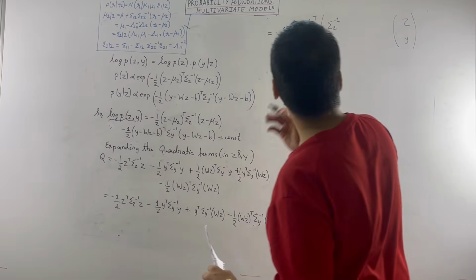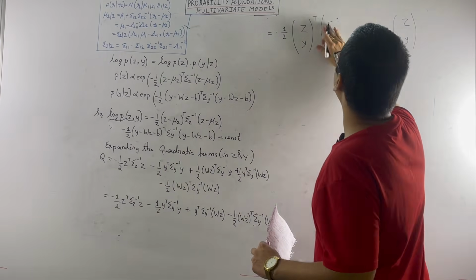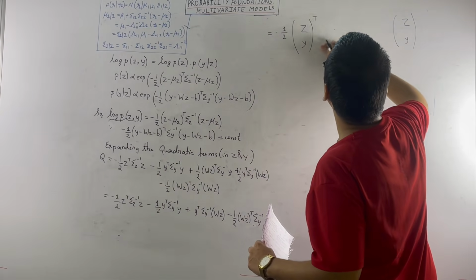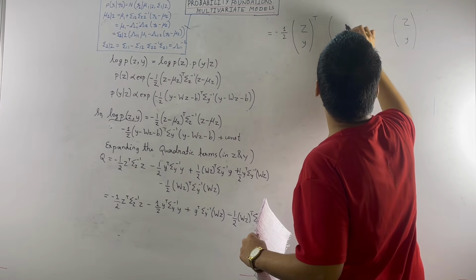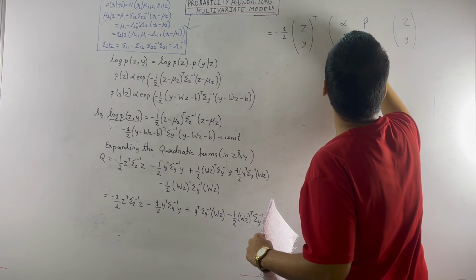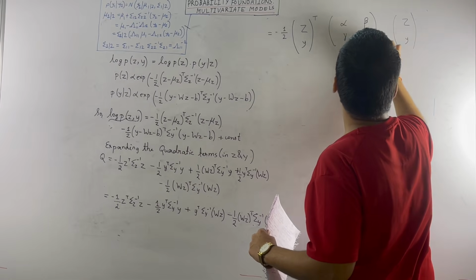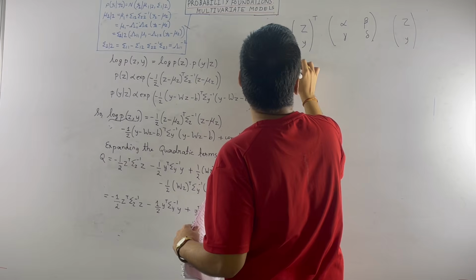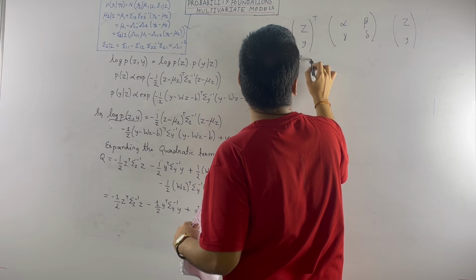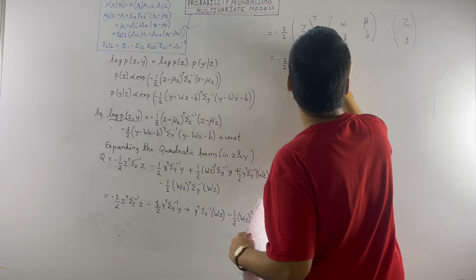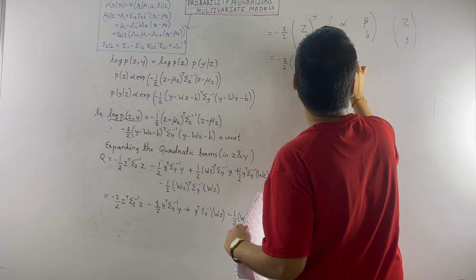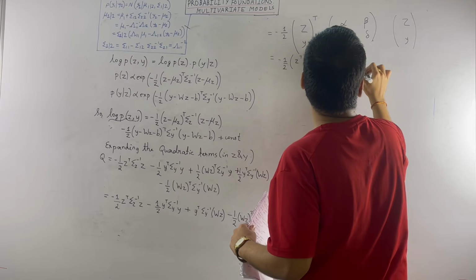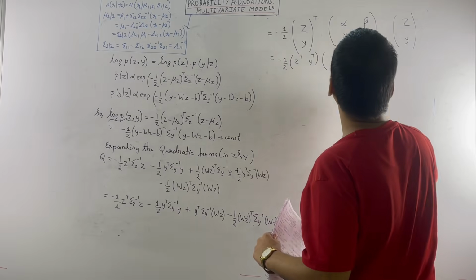So basically if I just expand it and write it in this way, let's say alpha, beta, gamma, delta, so minus half [z y] transpose, [alpha beta; gamma delta], [z y], all right.